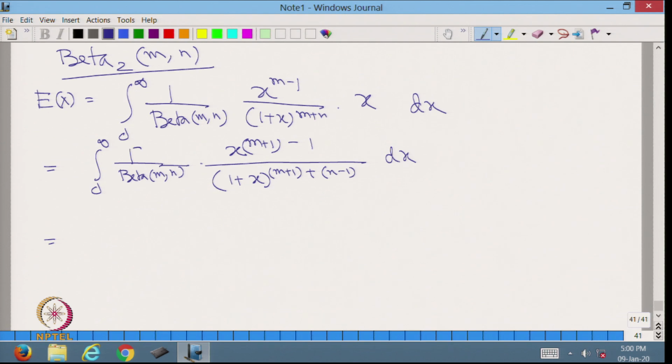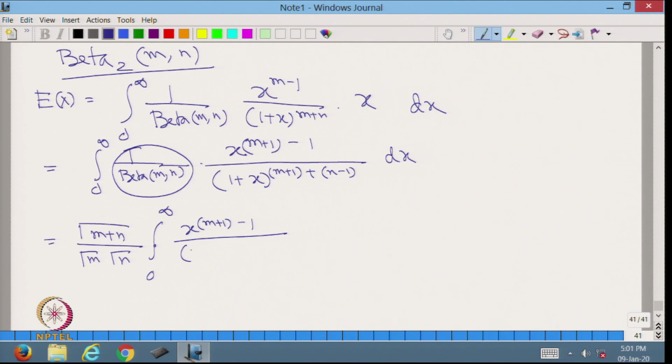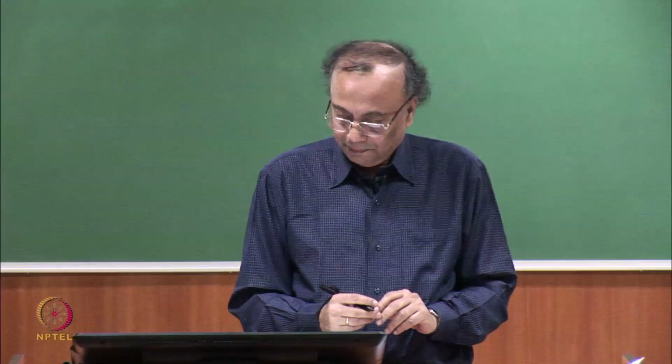Therefore, we can take these out of the integration and write it as gamma m plus n upon gamma m gamma n multiplied by the integration 0 to infinity x to the power m plus 1 minus 1 upon 1 plus x whole to the power m plus 1 plus n minus 1. And if we are clever enough, we can understand that this is going to give me beta m plus 1 comma n minus 1.